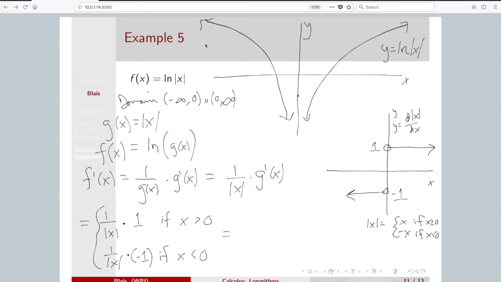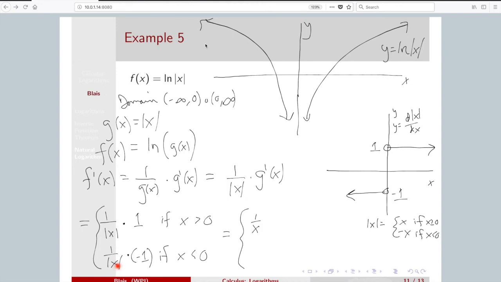Think about what this says. This is telling us that in this case, when x is positive, the absolute value of x is just x. So we have 1 over x in that case.